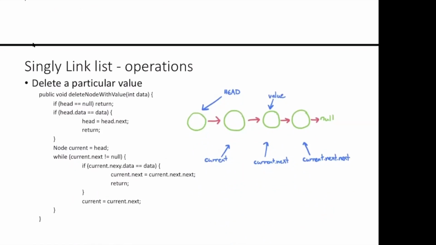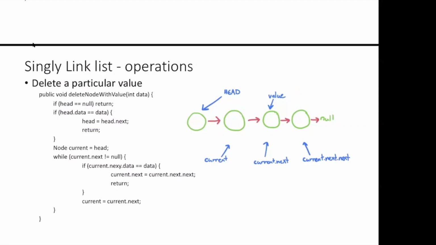Now, deleting a particular value. When you have to delete, there are multiple nodes you may want to delete: the head of the list, the middle element, or the tail.